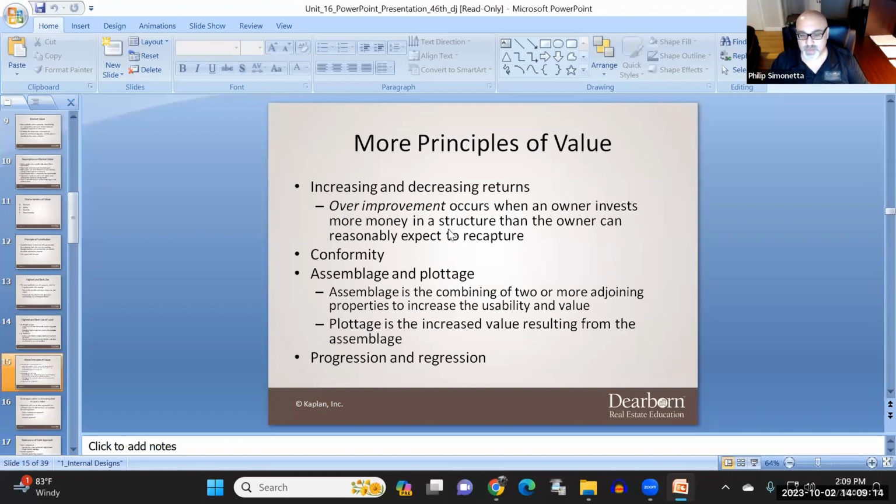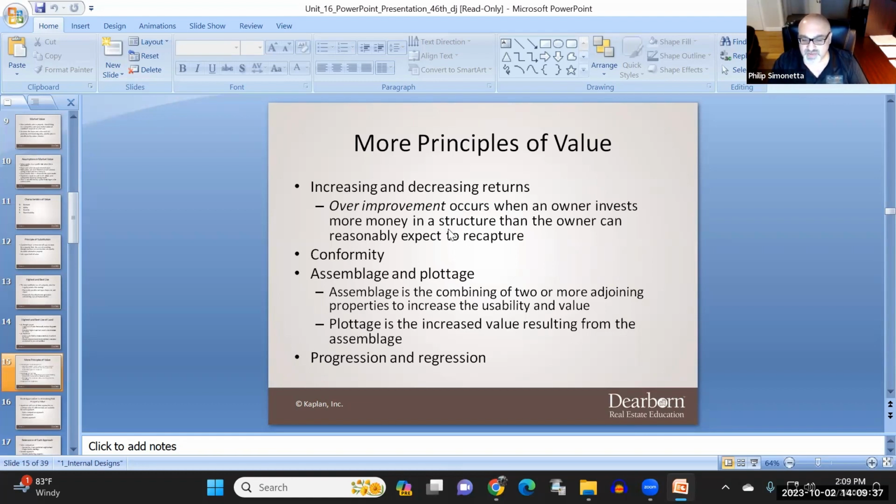It makes them more usable and more valuable, right? And plottage is the increase that resulted from it. So they bought the 15 acres or 15 lots, put them all together. Now they're building something. The plottage is what it's now worth. That's the increase, the value of what they did. So assemblage and plottage work together.